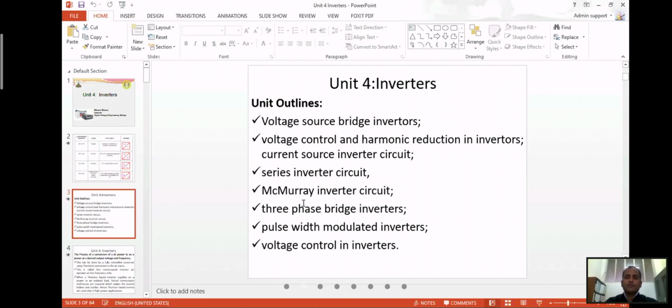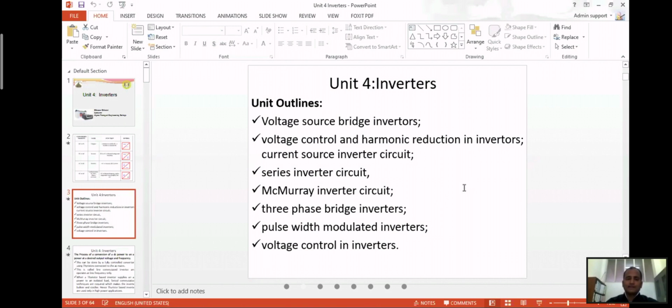You need to remove these, so we look at how to reduce the harmonics in an inverter. Our main concern is to have a pure sine wave at the output. We don't require any harmonics at the output. So we have current source inverters and voltage source inverters.